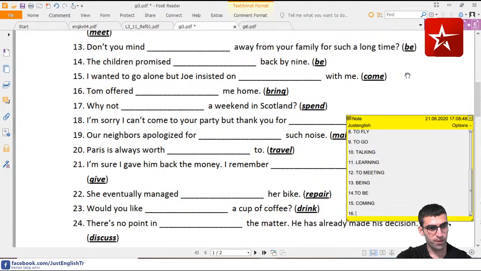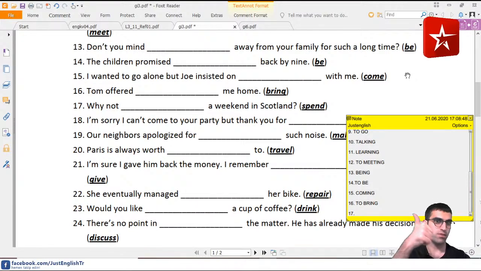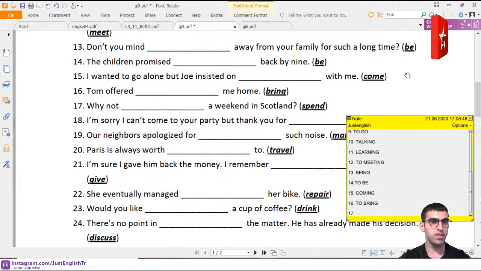To bring, Havva and Gustavo wrote the correct answers. Yes, the correct answer is to bring for number 16. Like to bring, infinitive form, we have to use after offer. They offered to bring me home. Perfect. Great.